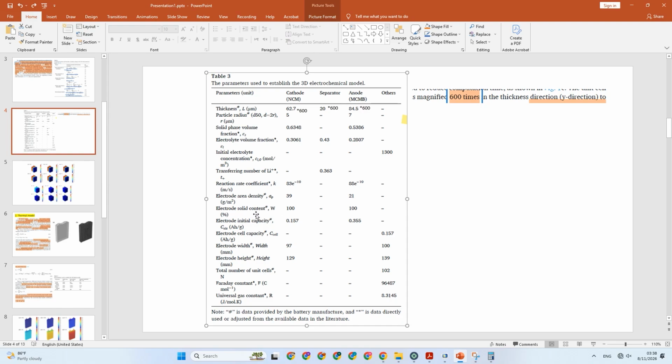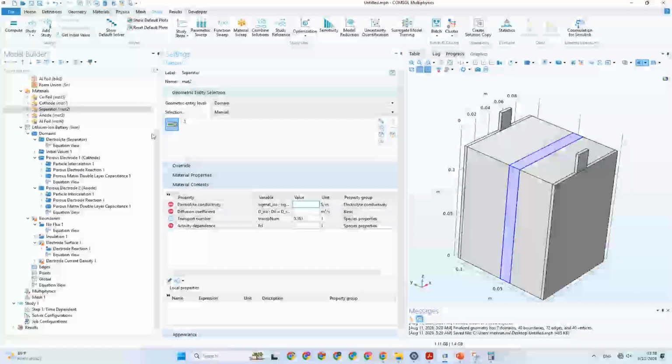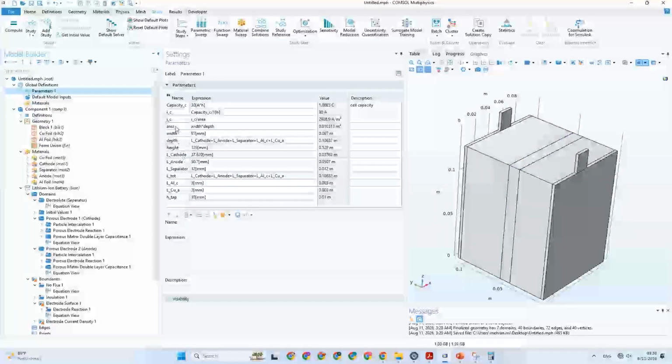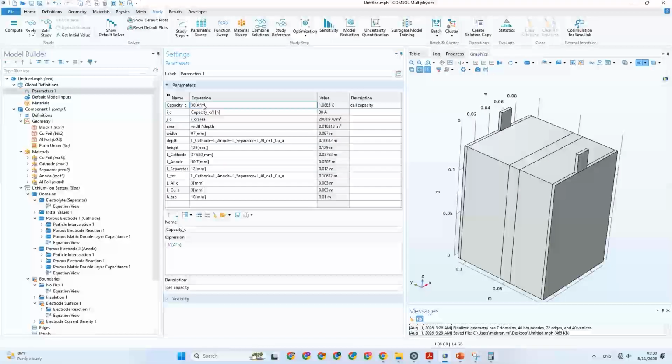Electrode solid content 100% is okay. To inject capacity, oh, we define capacity here by ampere hour, and we define IC and JC by this formula.